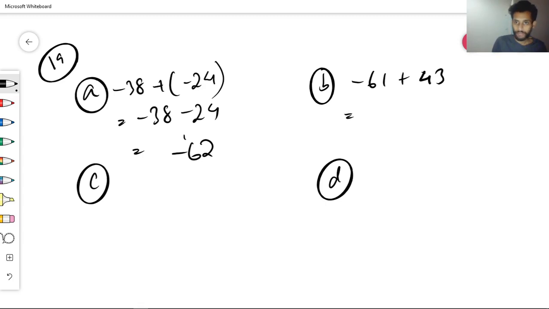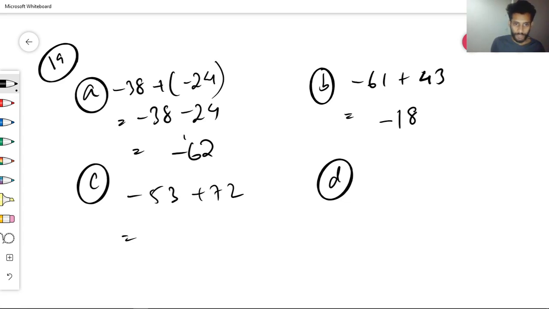Then minus 61 plus 43. This one will be minus plus, so I have to do subtraction here. When I subtract, the result will be 18, and the result will be in minus. And the third one is minus 53 plus 72.